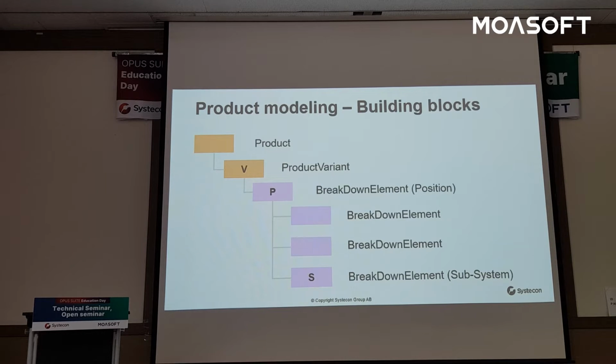We can also use the concept of subsystems. So a product variant might consist of a set of subsystems. Again, a subsystem is a hierarchical structure, so there might be children to that node. And then the third type is the one that we call breakdown elements of the type hardware.